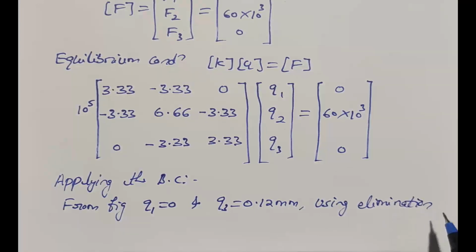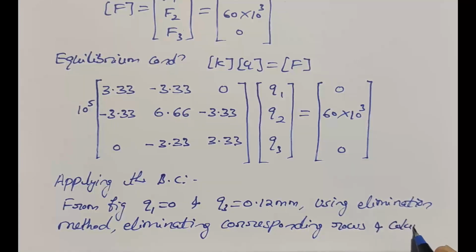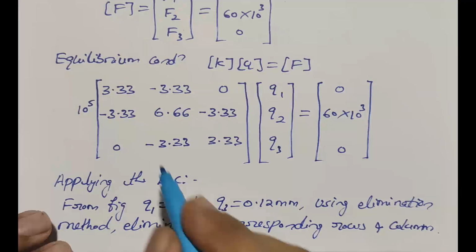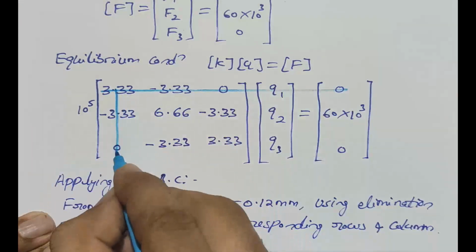We know Q1 is equal to 0, so we eliminate the first row, first column.